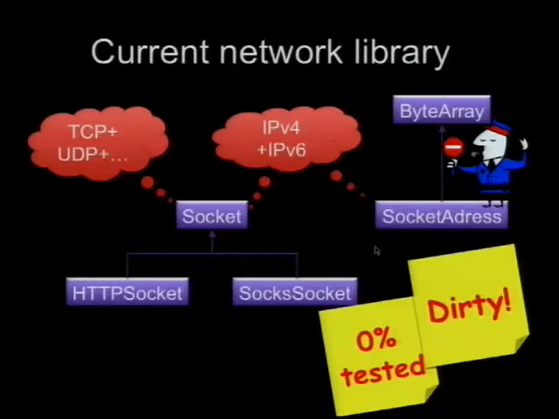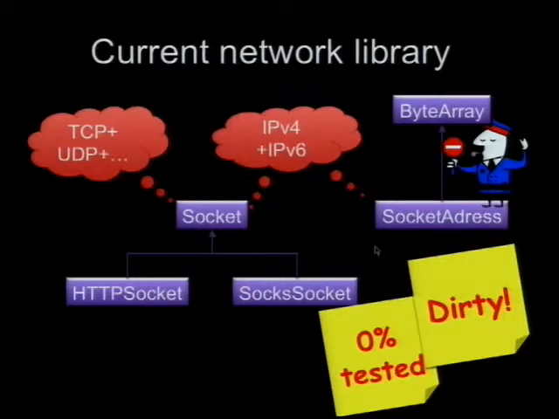The idea is to have a clean, portable networking library. We looked into multiple libraries in the Smalltalk world, but also outside, and most of them, if not all of them, are dirty. Usually you have something like this. So this is the current network library of Pharo, Squeak, and you see that you have a single class, Socket class, that includes everything.